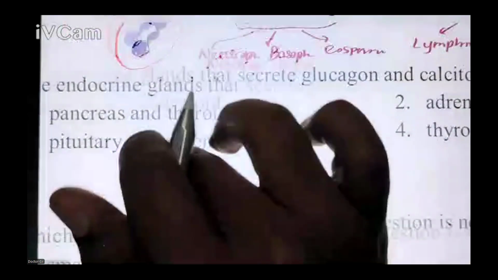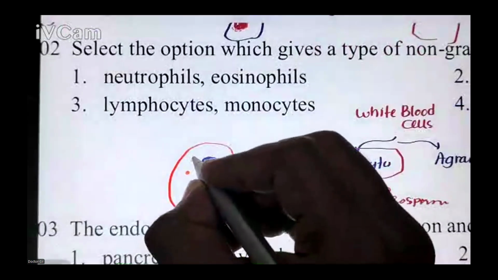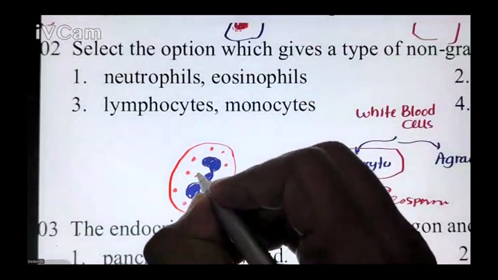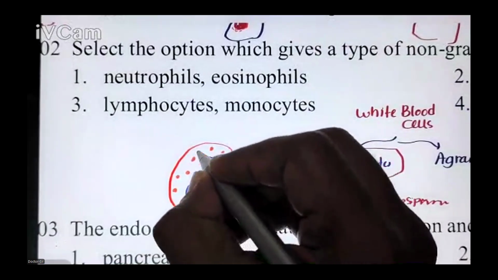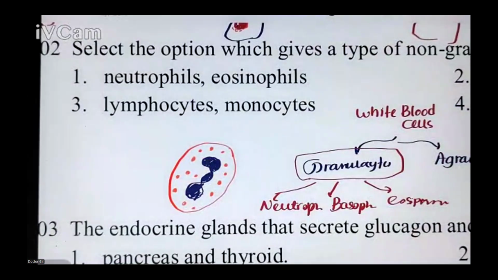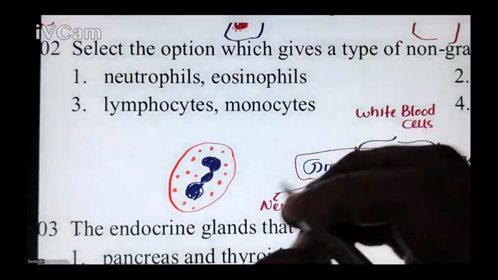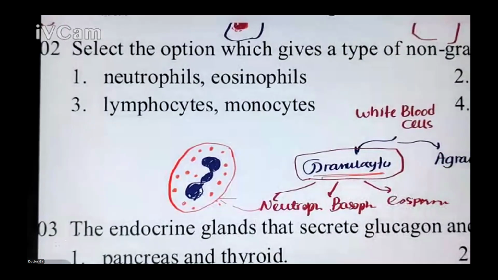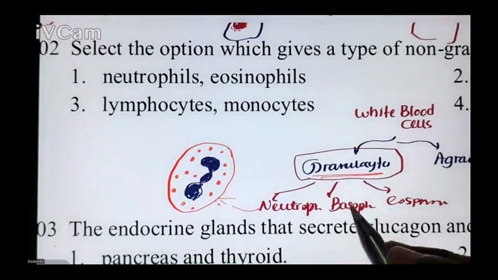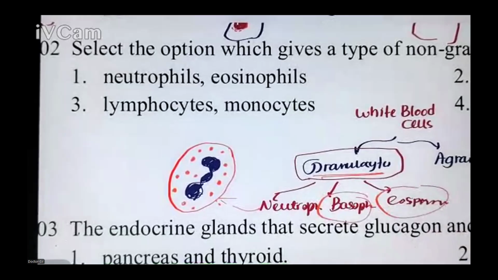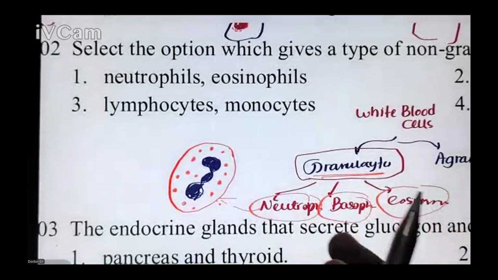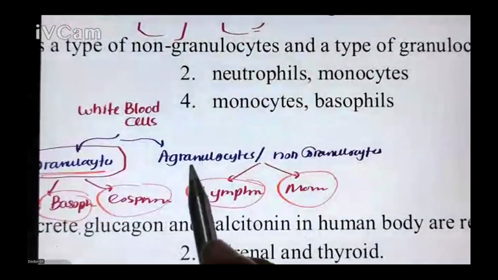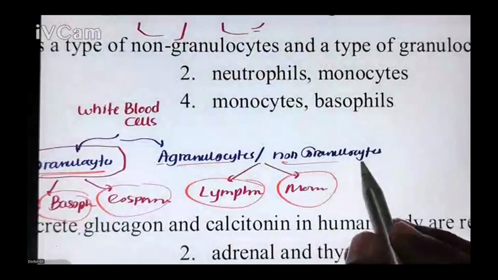When you see the neutrophil under the microscope, you can see these granules. A cell with granules we call a granulocyte. The same way, basophil and eosinophil also have granules. But the lymphocytes and the monocytes don't have granules. That means agranulocytes or non-granulocytes.